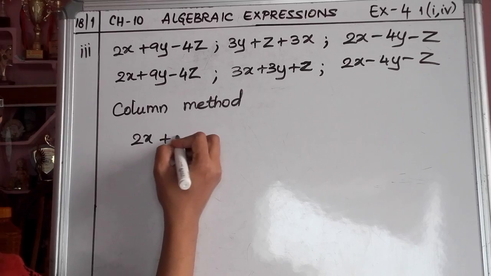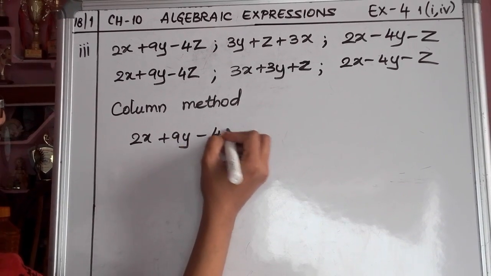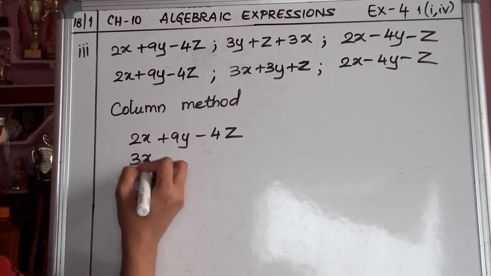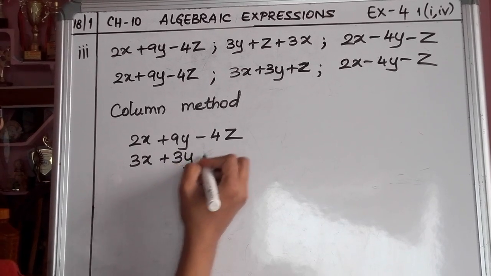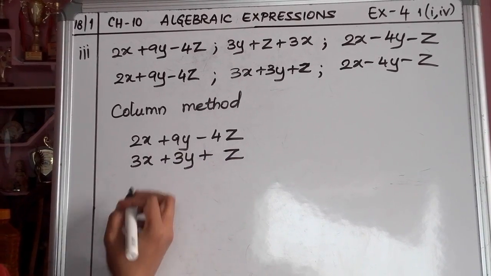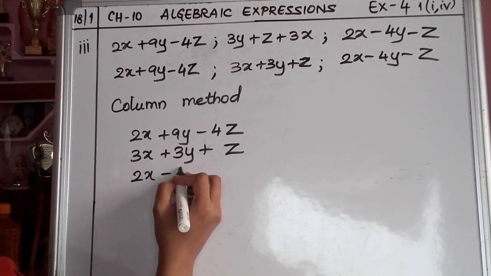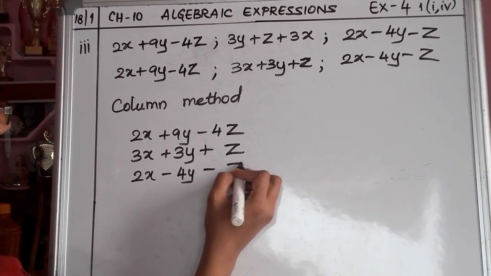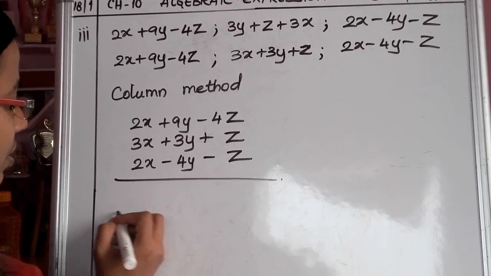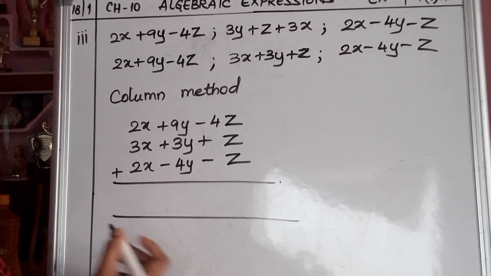2x plus 9y minus 4z, 3x plus 3y plus z, 2x minus 4y minus z. This you need to add.